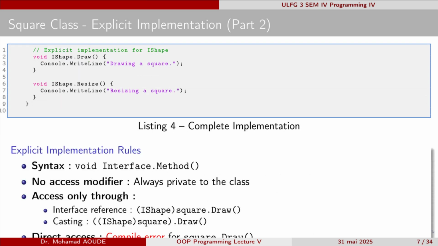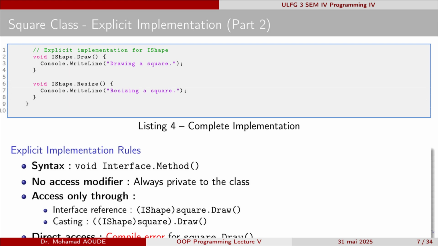Continuing with our Square class, here are the explicit implementations for the IShape interface: void IShape.Draw with Console.WriteLine, and void IShape.Resize with Console.WriteLine "Resizing a square". Again, notice the IShape prefix. Some important rules for explicit implementation. The syntax is return type, interface name, dot, method name. There's no access modifier, like public.